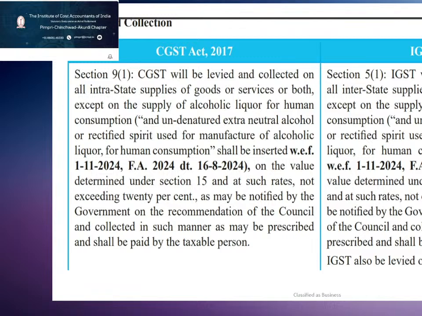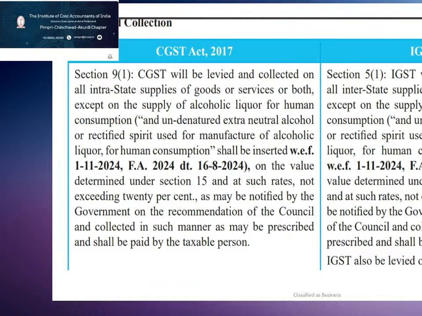Once we complete time and place of supply, we have a separate chapter on valuation, where we can see about section 15, and such rates not exceeding 20% notified by the government on the recommendation of the council and collected in such manner prescribed by the taxable person. So section 9 subsection 1, you can see the rates here not exceeding 20%.